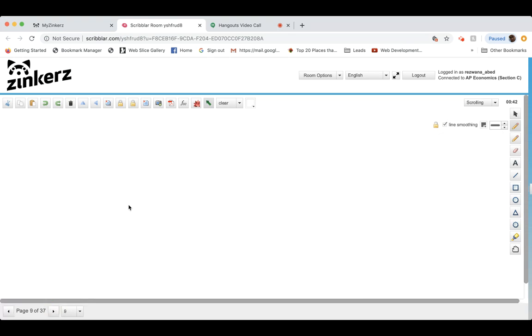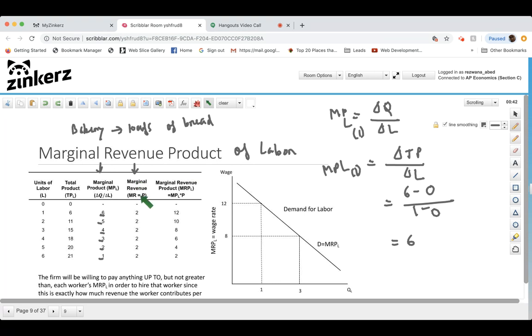This is why marginal revenue is equal to price. Because price is fixed in a perfectly competitive product market, the marginal revenue is the same as the price. So marginal revenue is equal to price because we're assuming we're in a perfectly competitive product market.